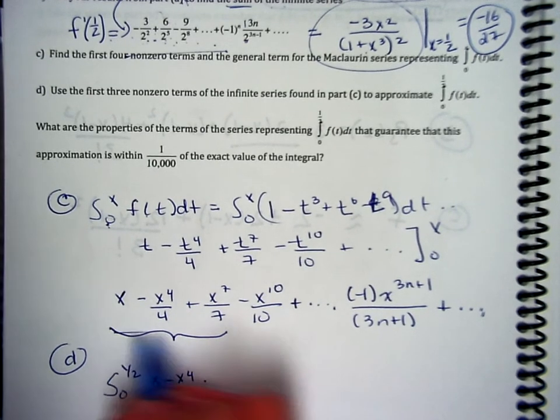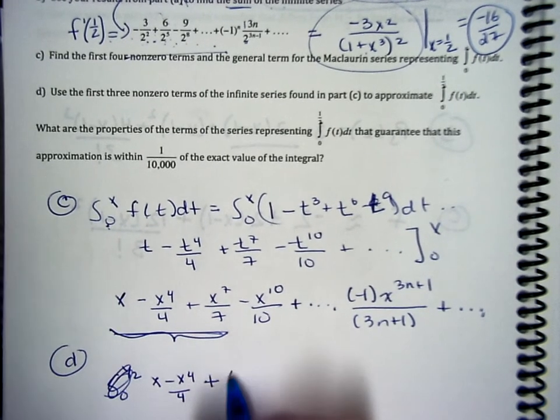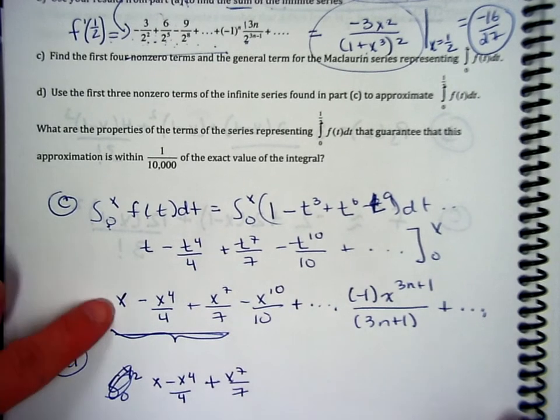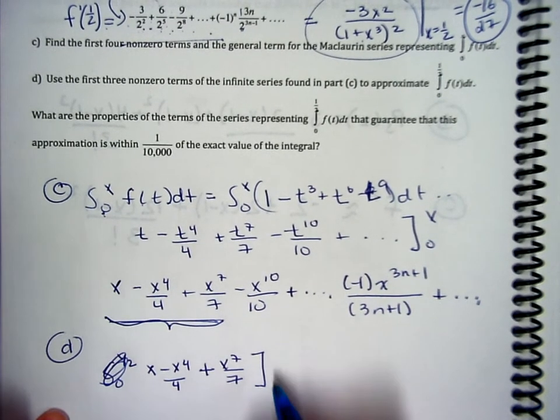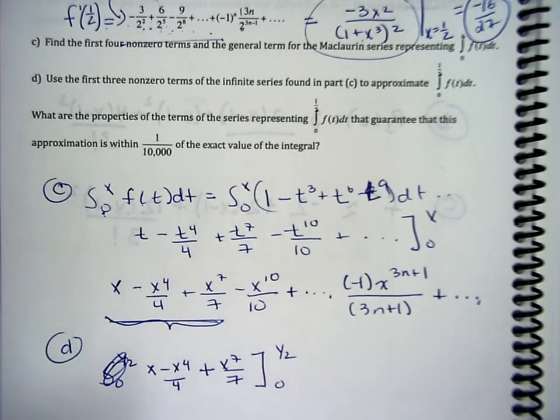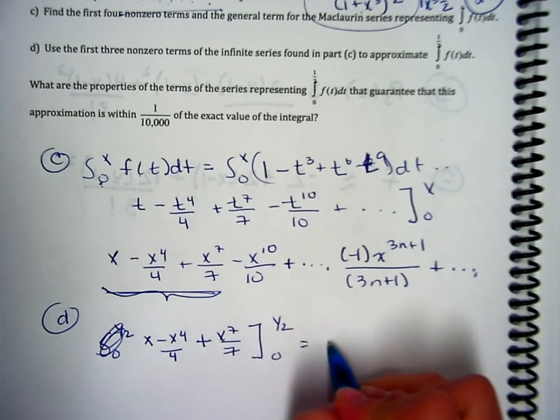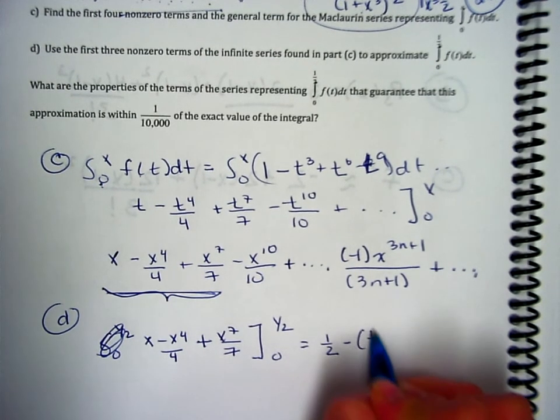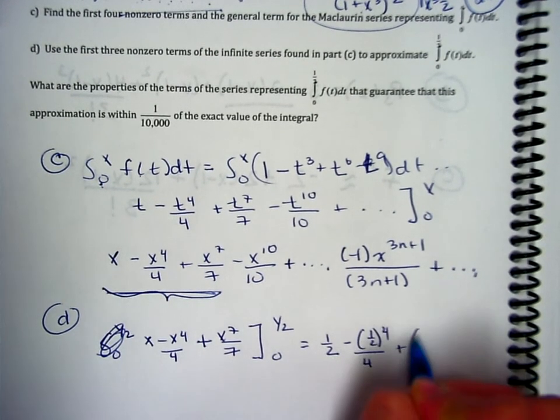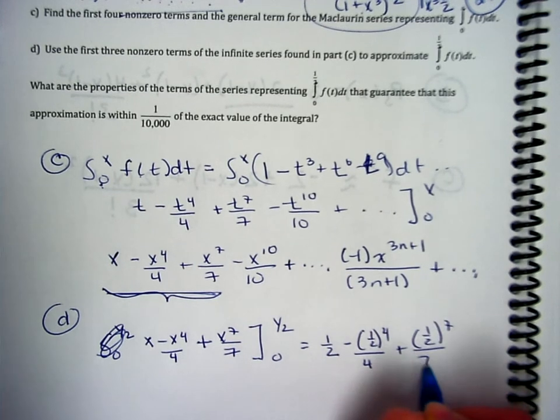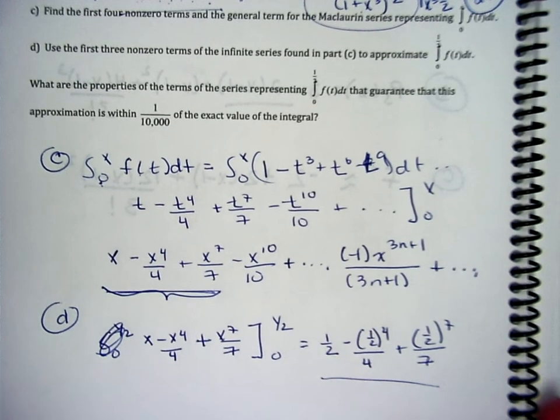So this is my antiderivative, sorry. I already integrated it from part C. They want you to tell them what happens from 0 to 1/2. I'm going to plug in my bounds, 1/2 minus 1/2 to the 4th over 4 plus 1/2 to the 7th over 7. So there's my first 3 terms. You can leave your answer like this.